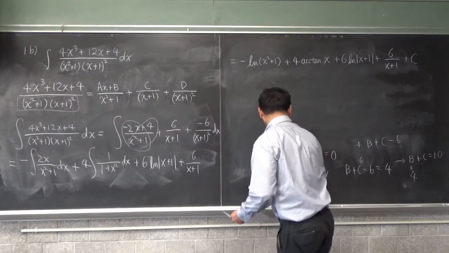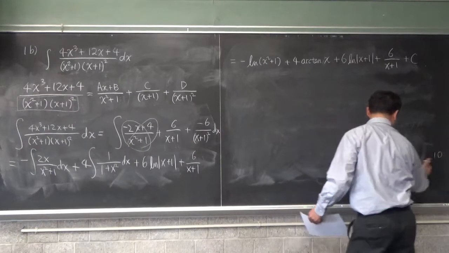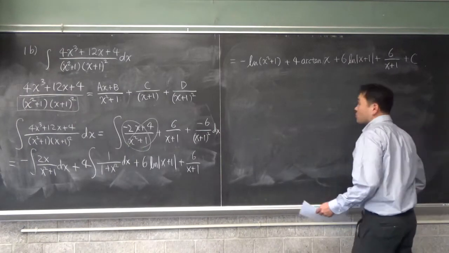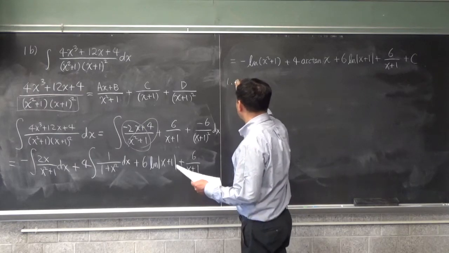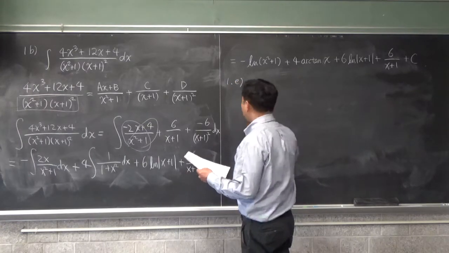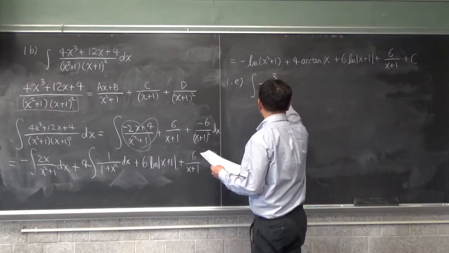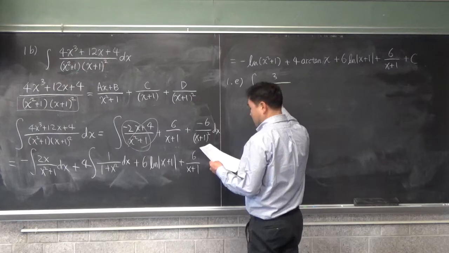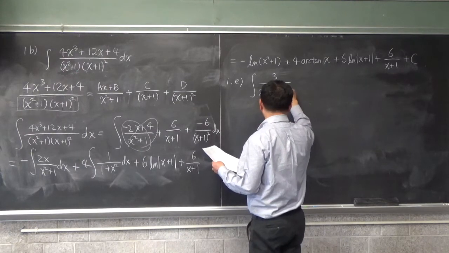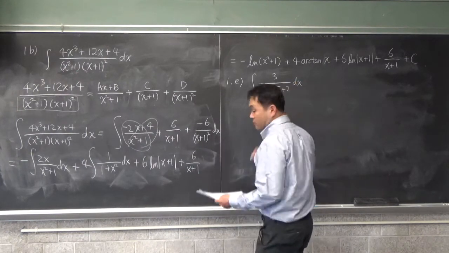Let me try to do another partial fraction expansion, but this time it requires u substitution as well. So the integral of 1 over (x plus 3 square root of x plus 2) dx.